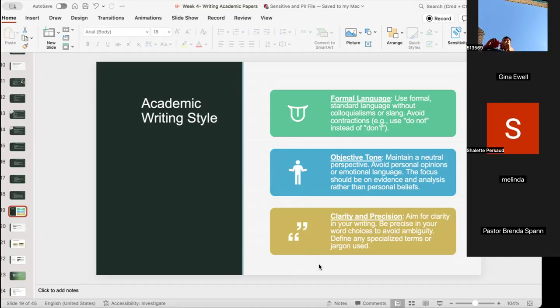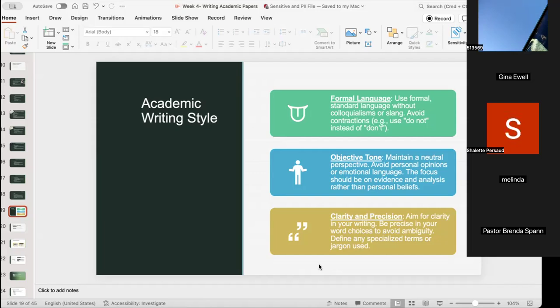You should always make sure your writing is clear. Be precise with your word choice. I love to say that the thesaurus is my best friend, because I love to look up and come up with different words.